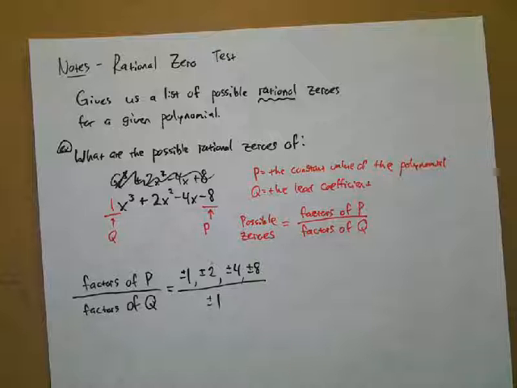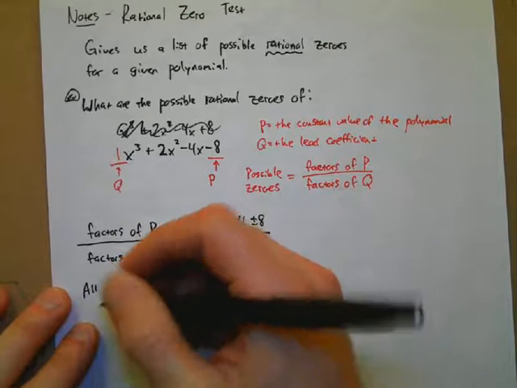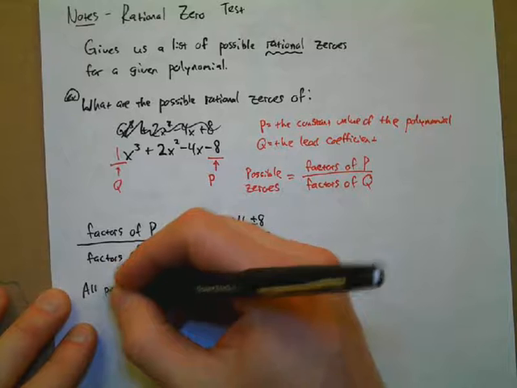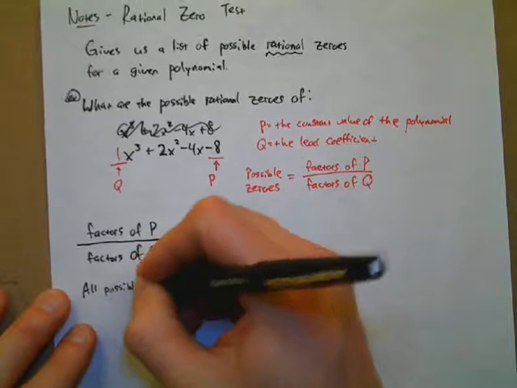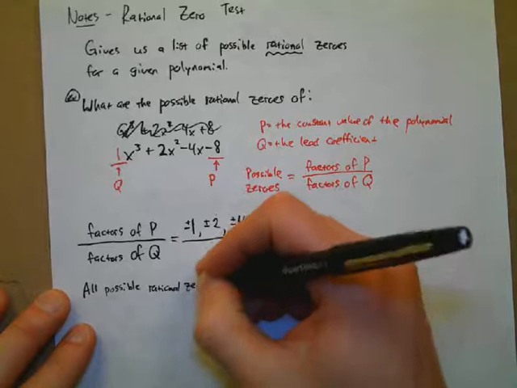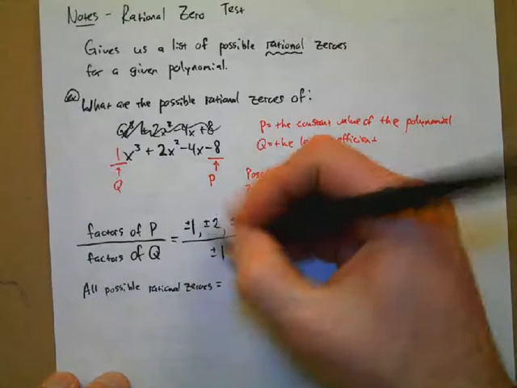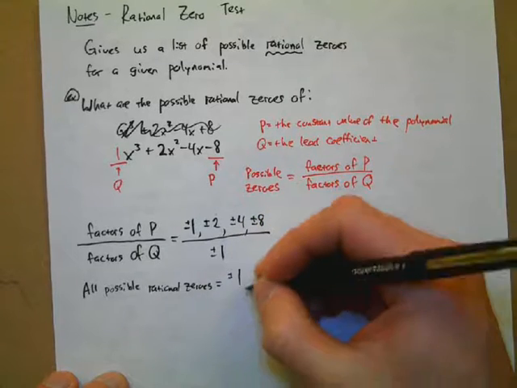So that's all the factors of p over all the factors of q, which means all of the possible rational zeros will be plus or minus 1 over 1, which is just 1, plus or minus 2 over 1, which is just 2, plus or minus 4 over 1, which is just 4, and then plus or minus 8 over 1, so plus or minus 8.